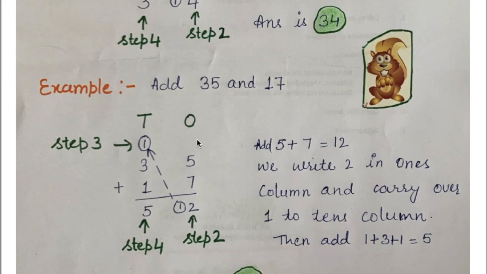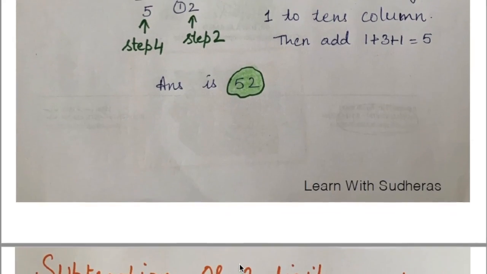Then we first add the ones column. 5 plus 7 is equal to 12. So we write 2 here and carry this 1 to the tens column. Now we add the tens column. 1 plus 3 plus 1 is 5. So the sum is 52.